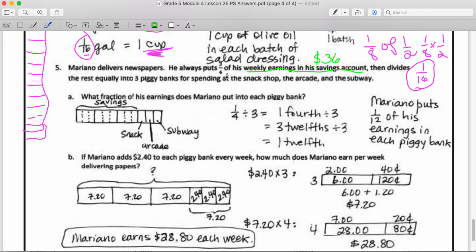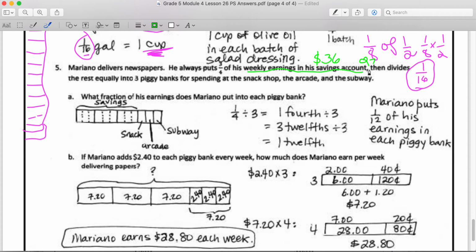So that means each part has 9 in it, in each pile. He wants 3 of those piles. So that means that he's putting $27 away. Okay, I just wanted to talk about that first. Okay, it says then divides the rest equally into 3 piggy banks for spending at the snack shop, the arcade, and the Subway. Okay, then he divides the rest. So let's just take our example here.